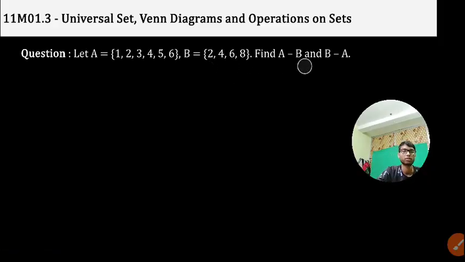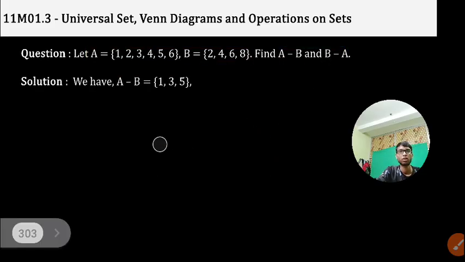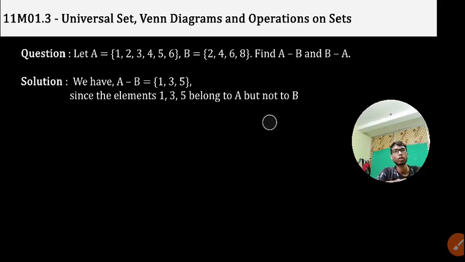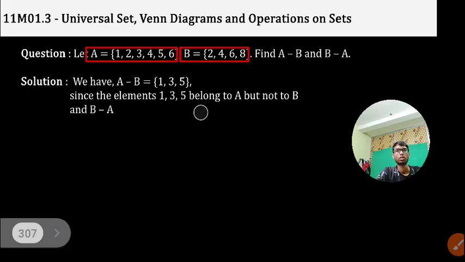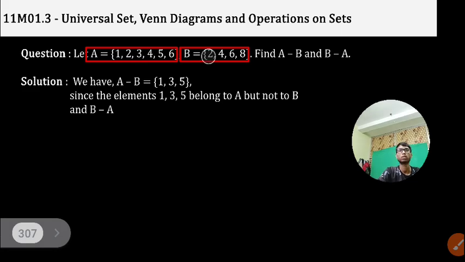So 4, 8 for this. 1, 3, 5 yes, belongs to A but not to B. And whatever is left here will not belong to A.